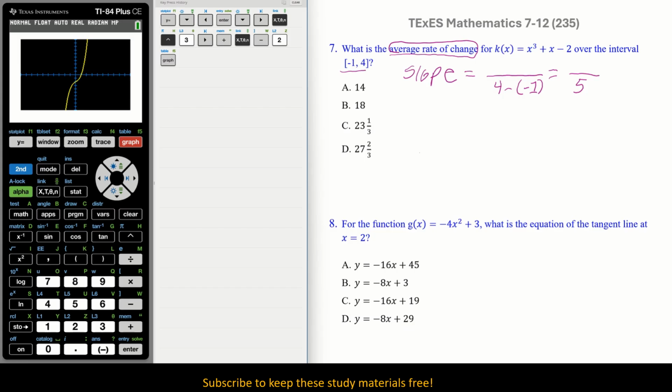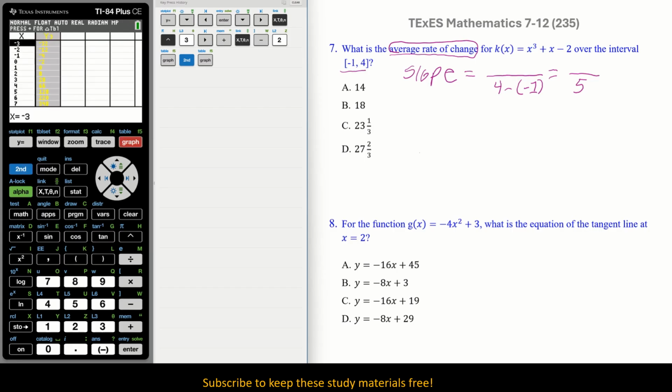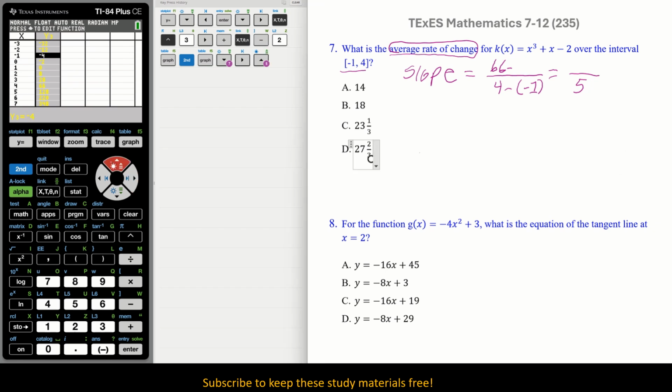But that doesn't help us very much. What we really need is second graph to get the table. Okay, so we need the values of 4 and the value of -1. So the value of 4, I'll highlight that, that is 66 minus, go up to that -1, and that is minus 4.